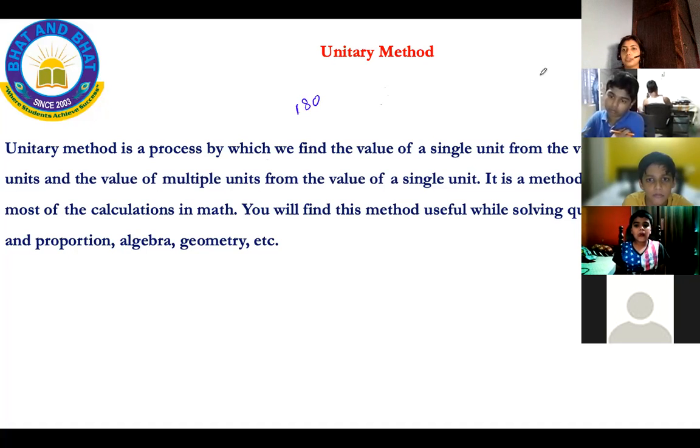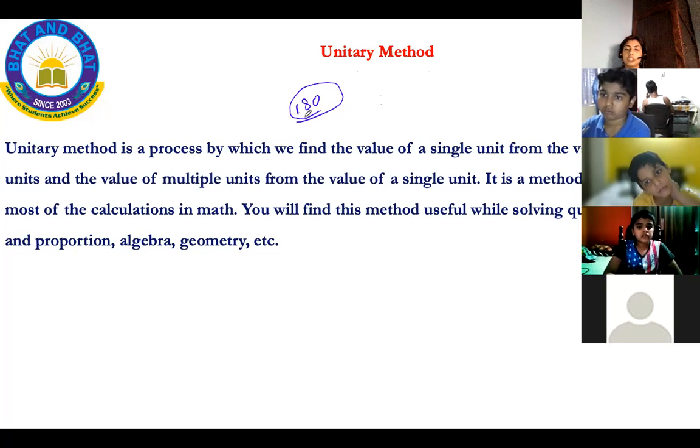How much did you pay for tomatoes? Like this. So what will you do? You will divide this by how many values are there. If you have taken 4 vegetables, then you will divide this by 4. Correct? Then you will say this vegetable is this much, this vegetable is this much, like that you will be telling. So that is called what? Unitary method.